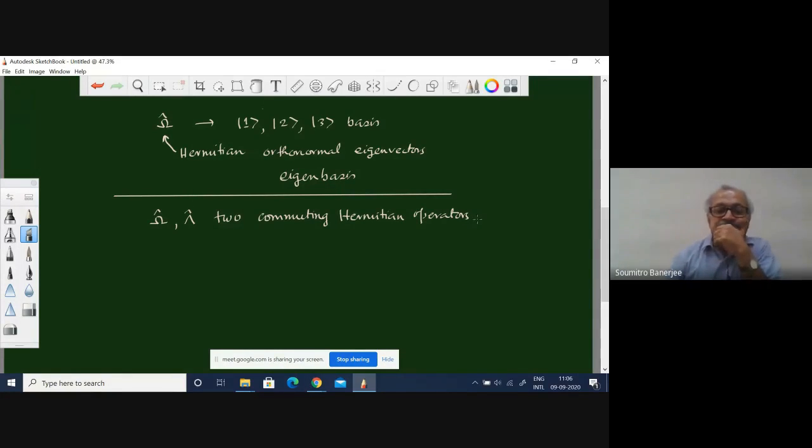Okay. Then let us start by considering omega to be non-degenerate. That means the eigenvalues are distinct.